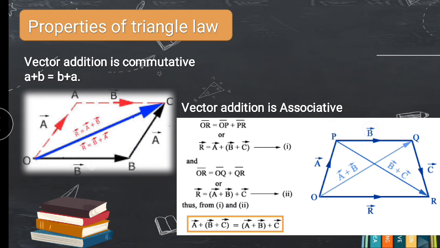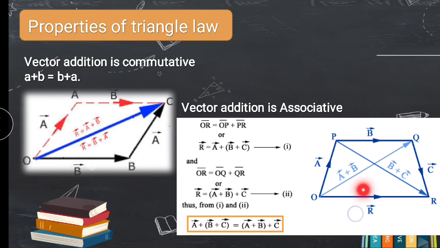PQR has the B and C vectors. So what is the value of the resultant? Bar B plus bar C. Right? Now what is meant by associative in nature? Now you can see this is the value of A plus B and this length is representing B plus C. So what is the value of OR? OR is nothing but the resultant of A plus B and B plus C.